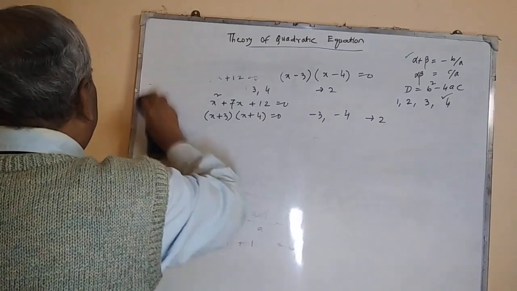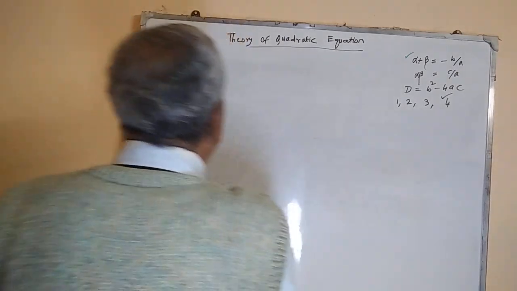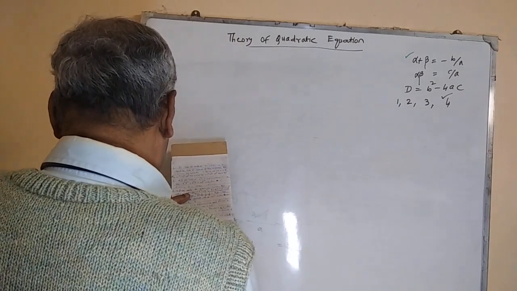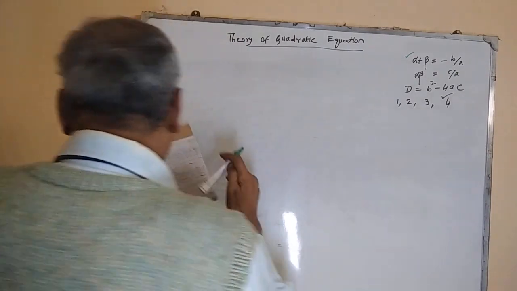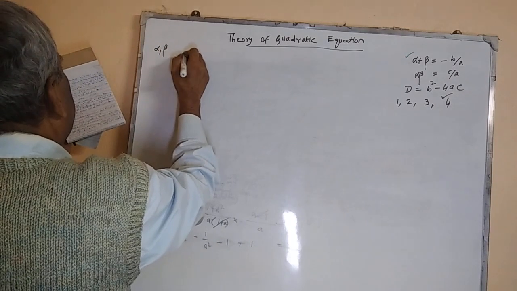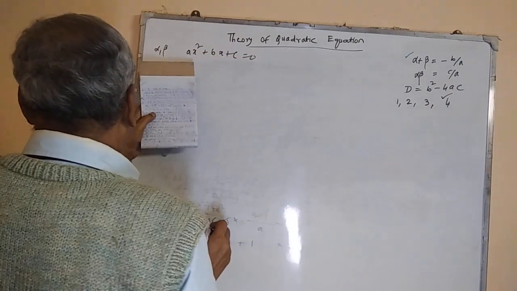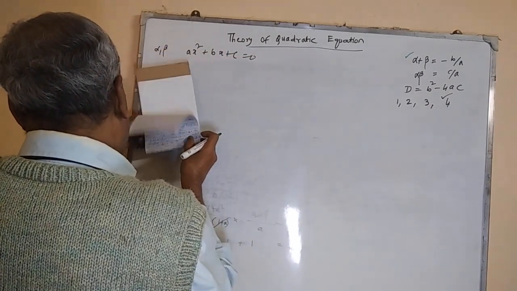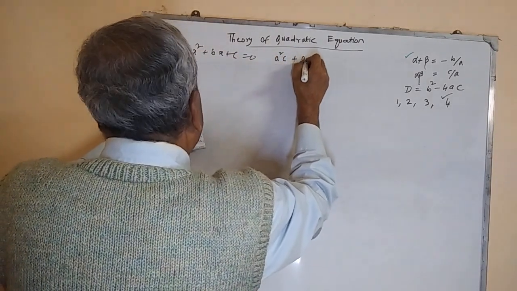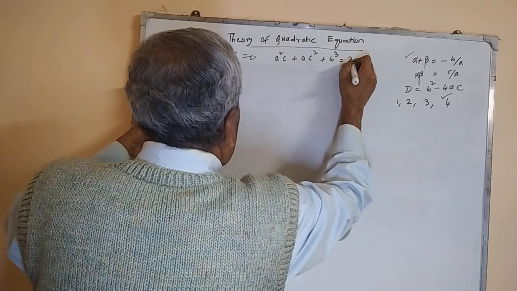Our next problem. If alpha, beta are roots of ax square plus bx plus c is equal to 0 and a square c plus ac square plus b cube is equal to 3abc.